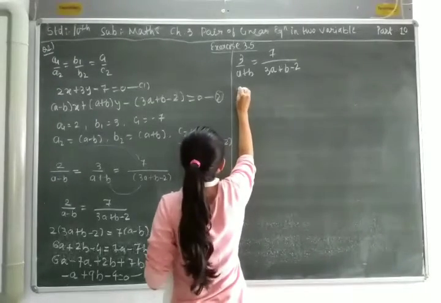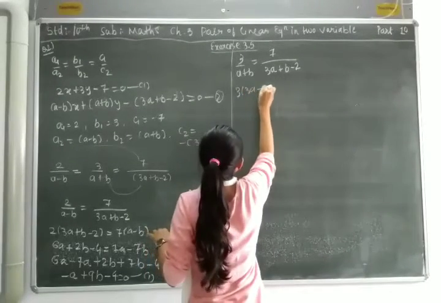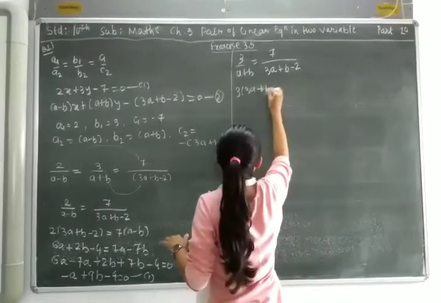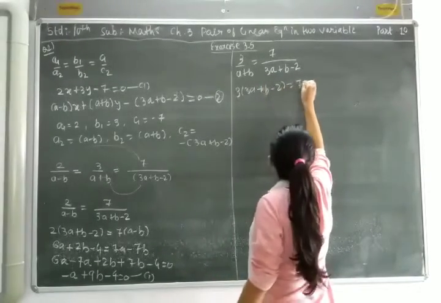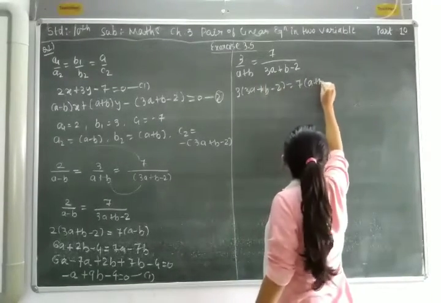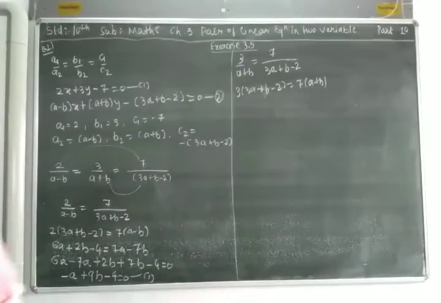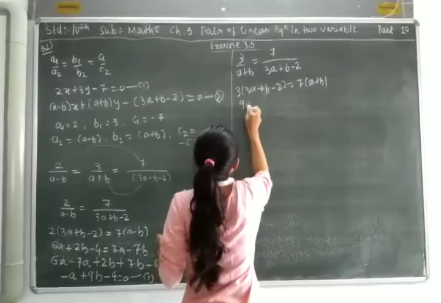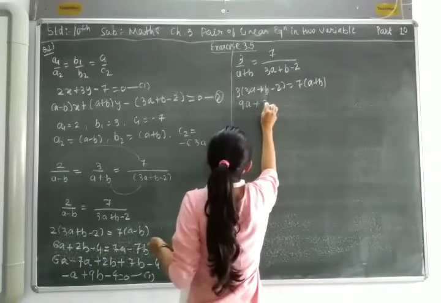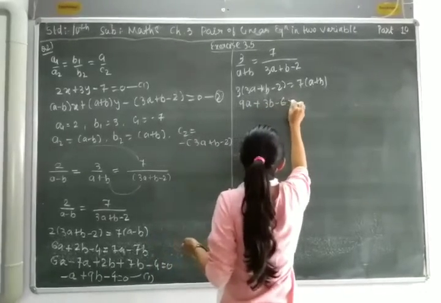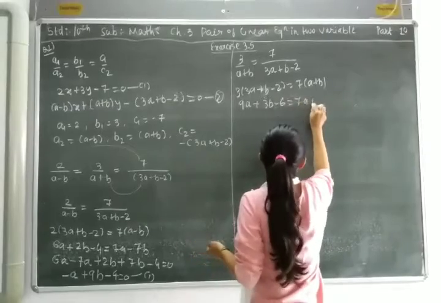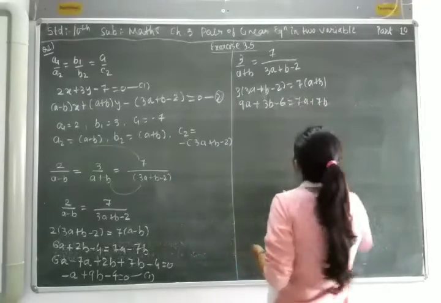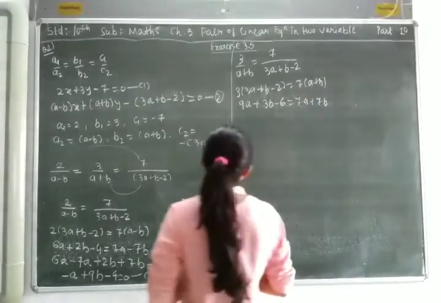So 3 times 3a plus b minus 2 equals 7 times a plus b. 9a plus 3b minus 6 equals 7a plus 7b.